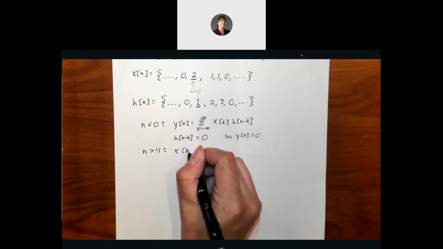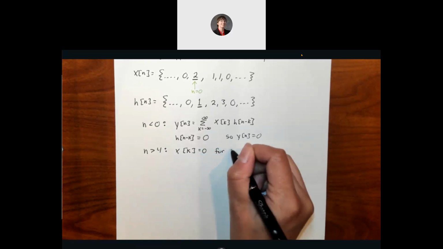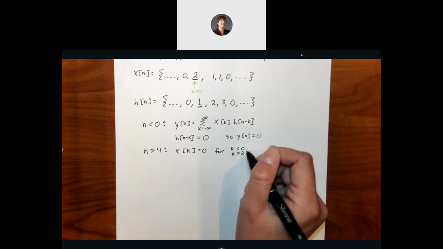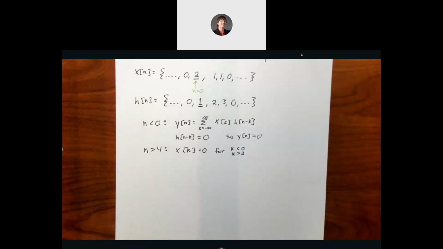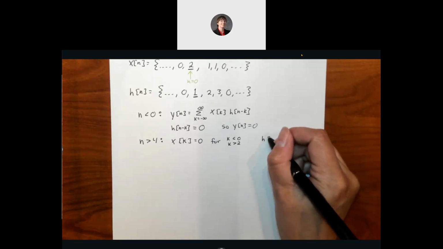Right? So our x of k we know is 0 when k is less than 0 and when k is greater than 2, because we only have 0, 1, and 2 as non-zero values of x.